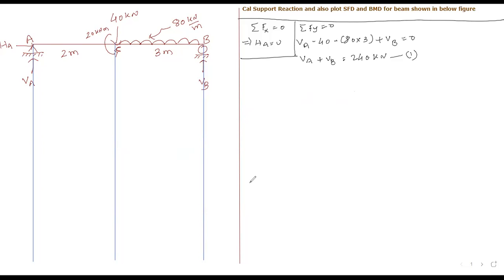Okay, 280 is fine, no problem. Please answer my question first, and find my mistakes later. My question is that can I consider this 20 kN in sigma fy? Yes or no?